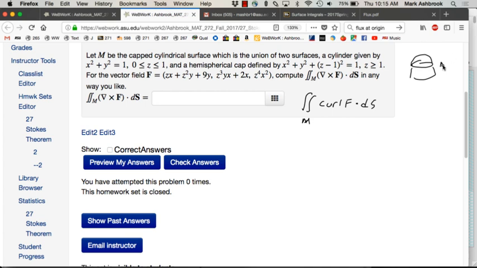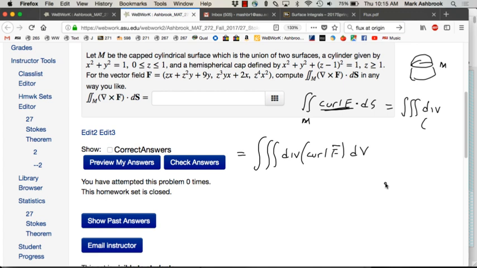For this particular M, does it equal the triple integral of the divergence? Why not? It's not a closed surface. But if I did the divergence of the curl of F, because now this thing is a curl, could we use that to help us? They're not equal, because this is not a closed surface and it's got that open bottom.